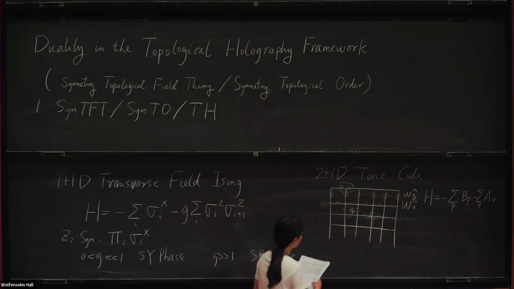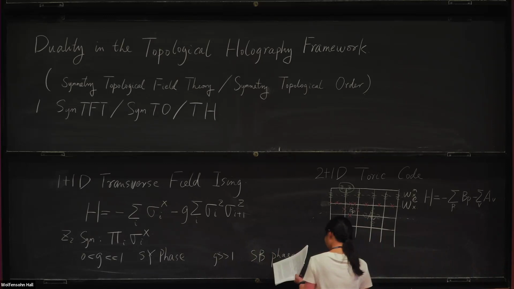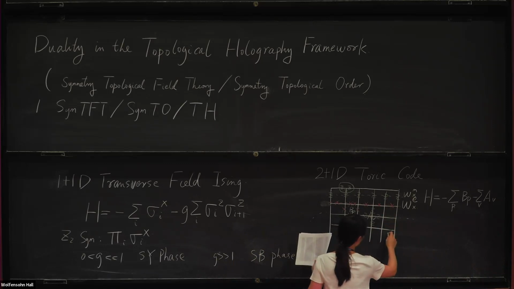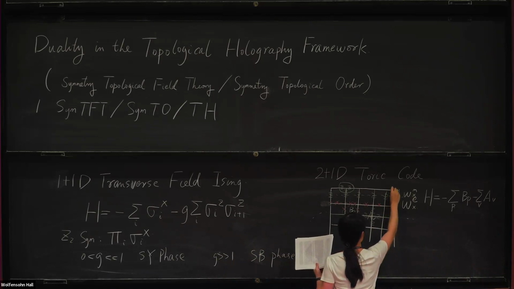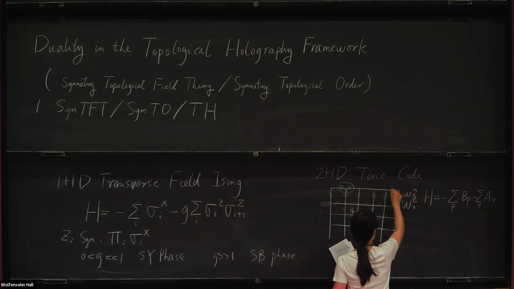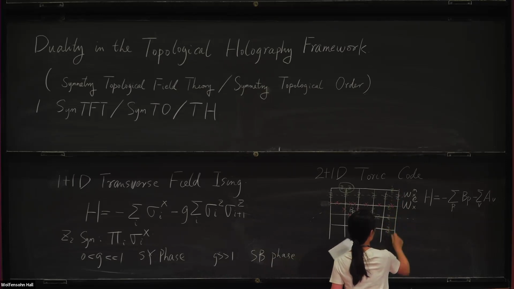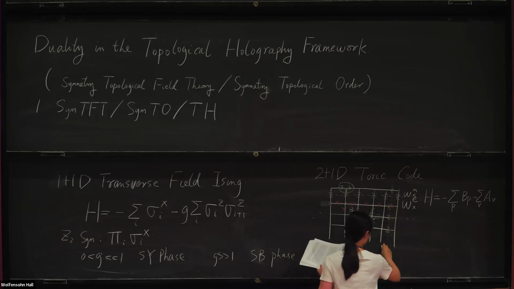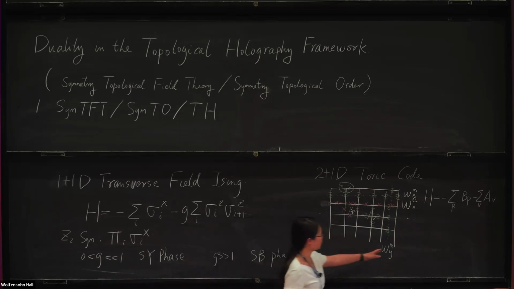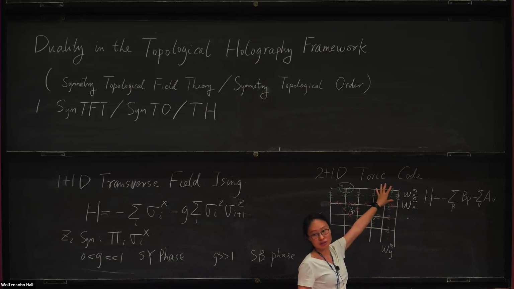In particular, we can see that if we draw a vertical string like this, with Z, Z, Z, Z, given by a W_Y operator, meaning a string operator of Z in the Y direction, this string operator actually commutes with all terms, both in the bulk and also on the top boundary.